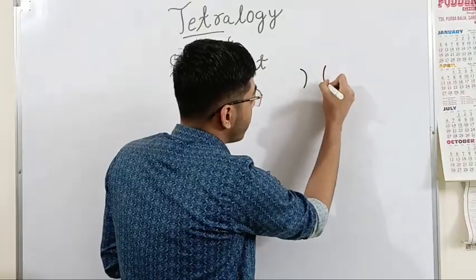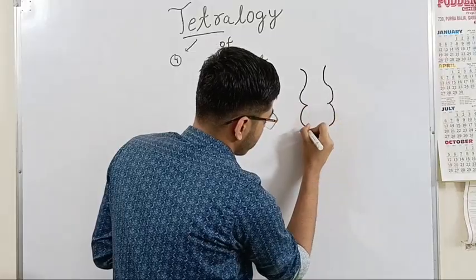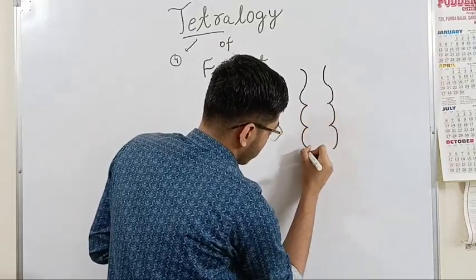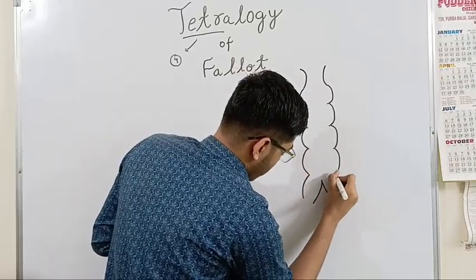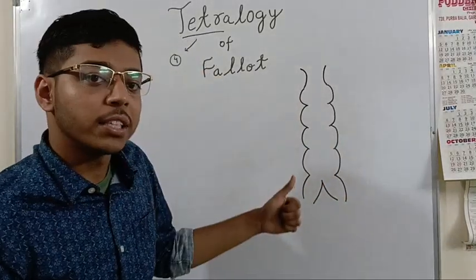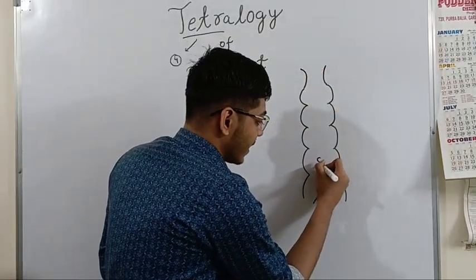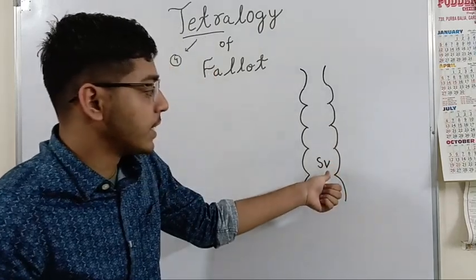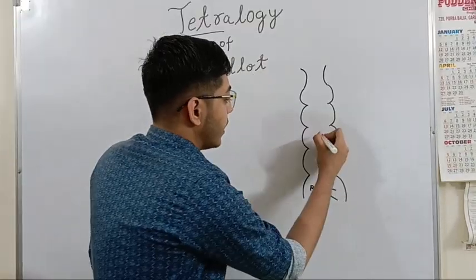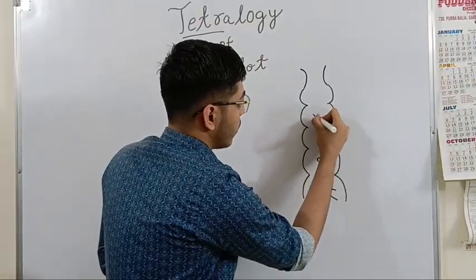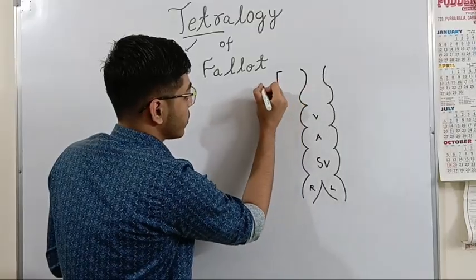Suppose this is the primitive heart tube. Now I will be labeling the structures from proximal to distal. The proximal most part is the sinus venosus, which has its body and right and left horn, then the entire atria, the ventricle, and the distal most part, the bulbus cordis.